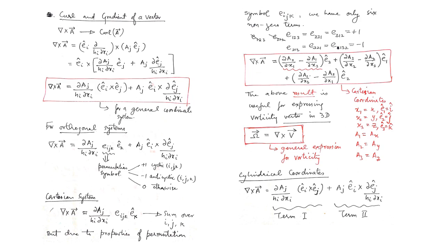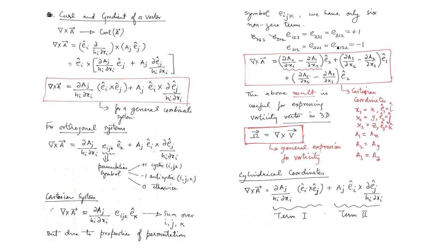So I write the cross product in that notation. For the second term, of course, I can't do anything, because unless I have a specific coordinate system in mind, I can't write its unit vector partial derivatives. So I'll show that when I apply all this to specific coordinate systems. This is all that I can do.